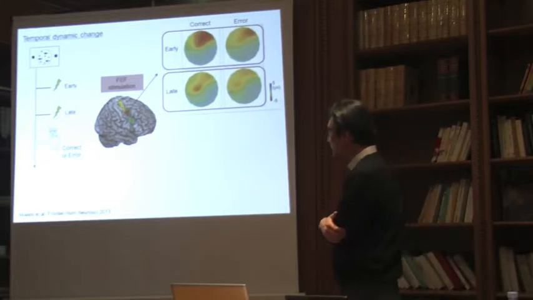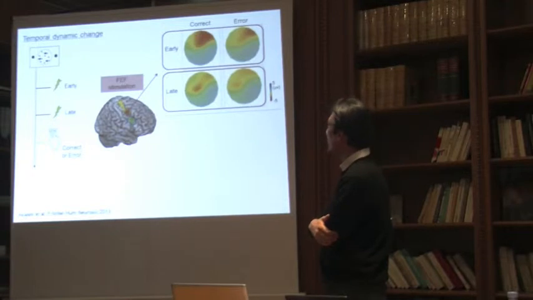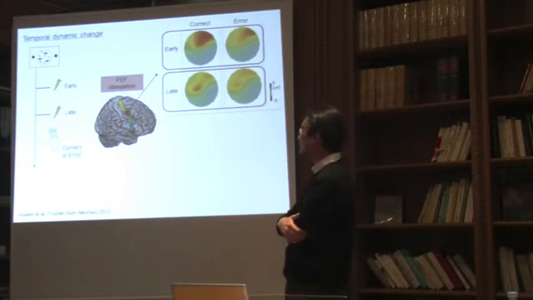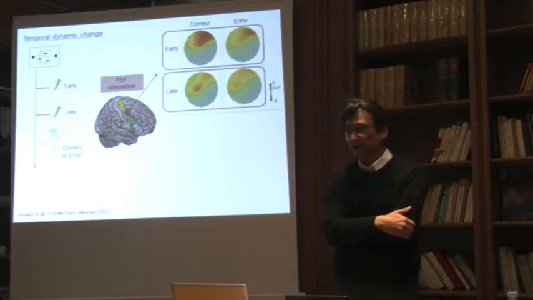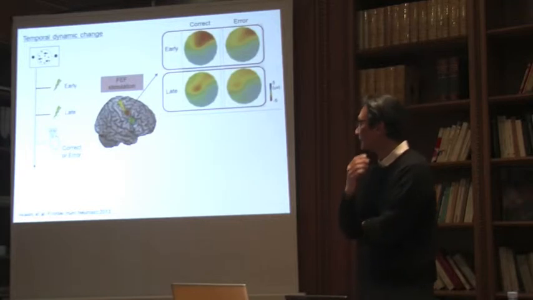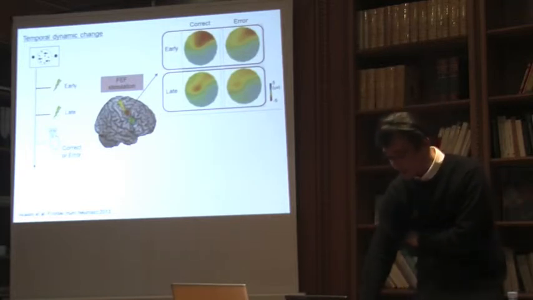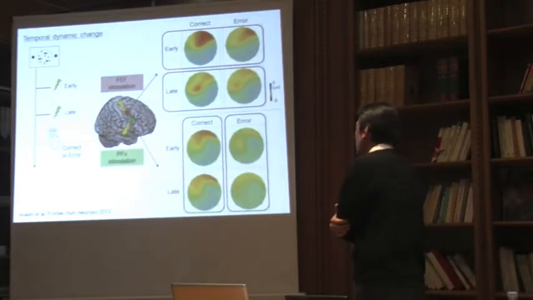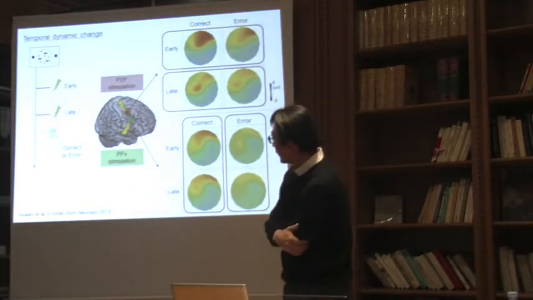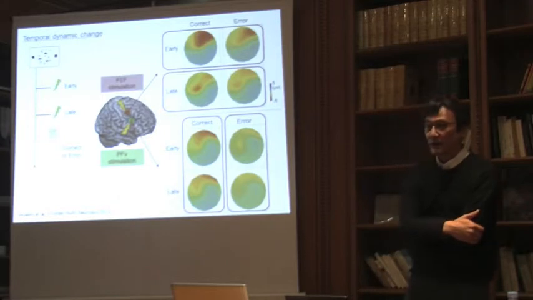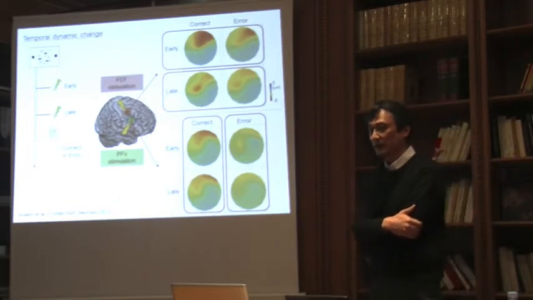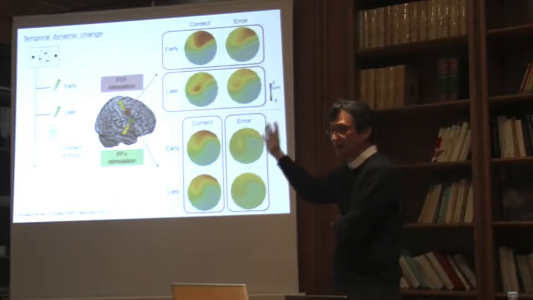And TMS evoked potentials after FEF stimulation changed depending on whether the stimulation was given during the early or late window of the decision phase, irrespective of the accuracy of the decision. By contrast, the evoked potentials after ventral prefrontal stimulation changed depending on whether the subject made a correct decision.